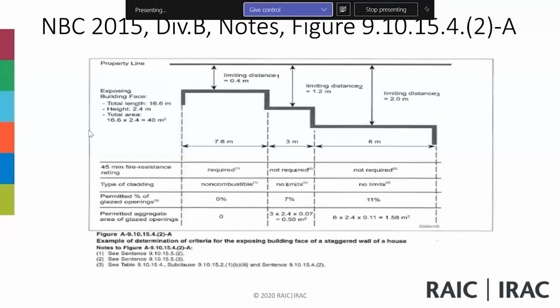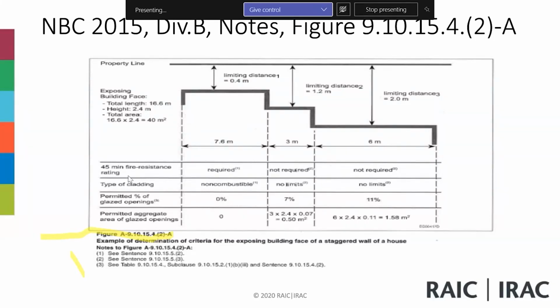This is an illustration from the notes, Figure A-9.10.15.4.2A. This is a staggered wall of a house. For each wall, you take a separate limiting distance, and they give you the provisions based on the requirements of the different sentences of 9.10.15.